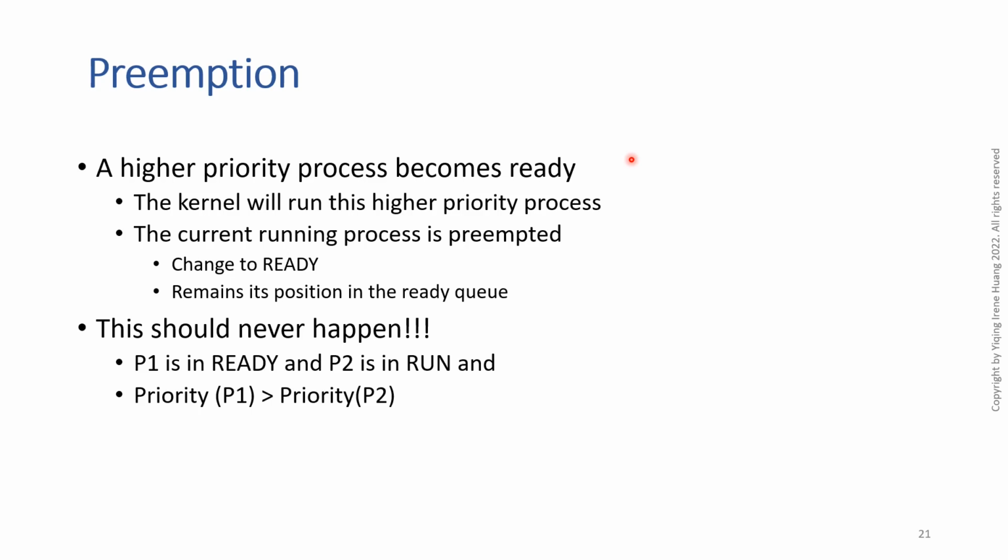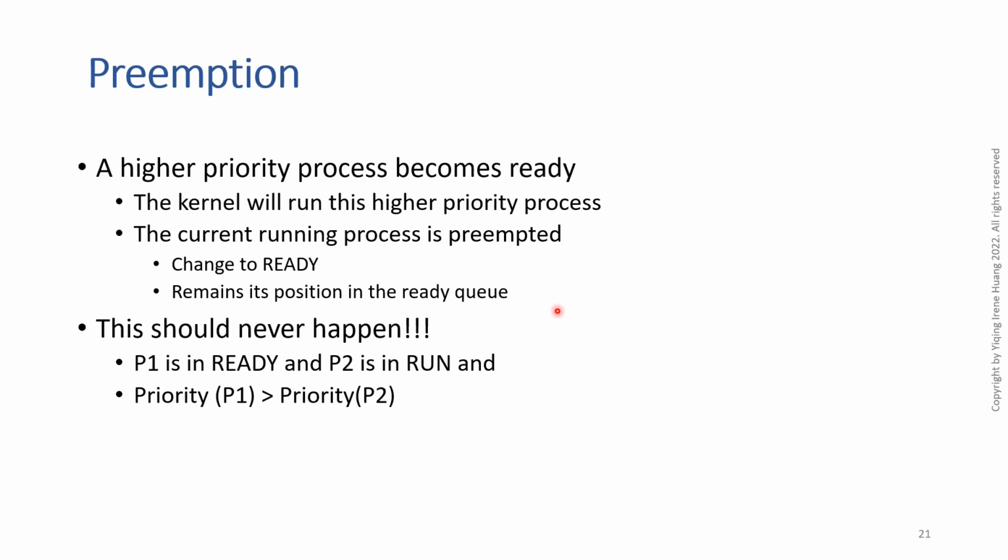The preemptive part of the scheduler means if I'm running and for some reason, let's say an interrupt, either software or hardware, happens and makes another higher priority process ready, then the kernel will run this higher priority process. What happens to the current running process? It will be preempted. In terms of data structures, inside the PCB its state will be changed to ready.